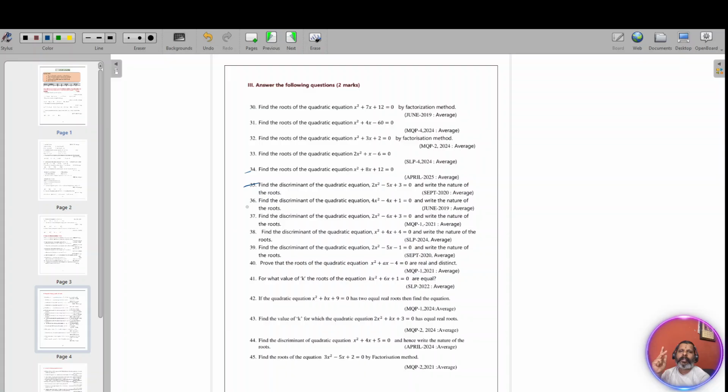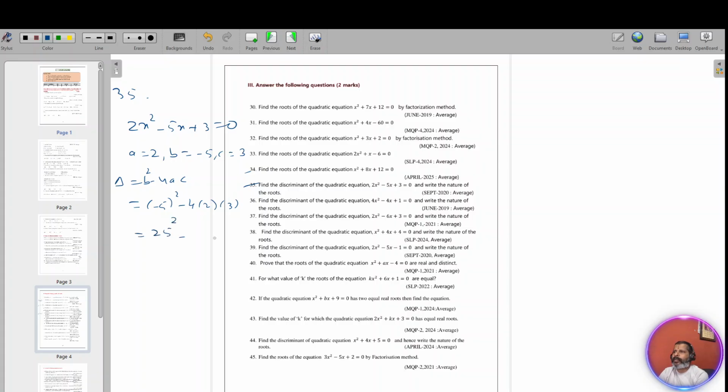If you want, I can solve one here quickly. 2x square minus 5x plus 3 is 0. We take a is 2, b is minus 5, c is 3. When there is a negative value for a coefficient, please pick that number along with the sign. So discriminant is what? b square minus 4ac. b square is minus 5 whole square, minus 4 into 2 into 3.